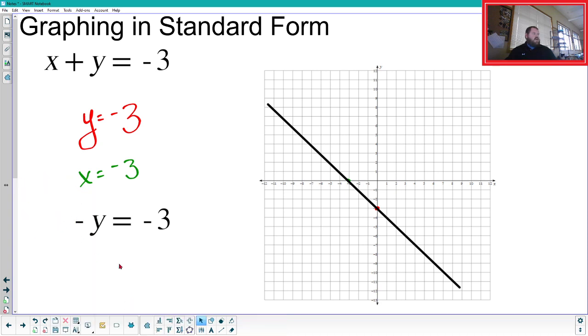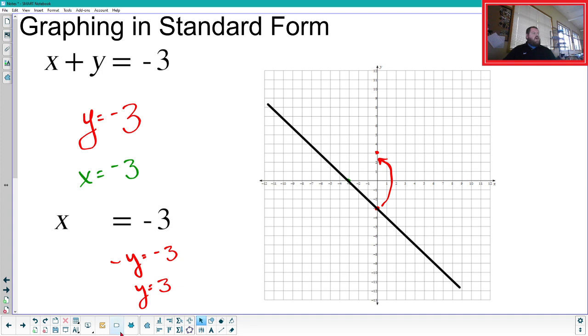If I cover up the x, I'm left with -y equals -3, whereas before I just had y equals -3. Now I have -y equals -3. And when I solve that, I end up with y equals +3. So this point actually moved to right there. And that's interesting. But let's see what else happens.